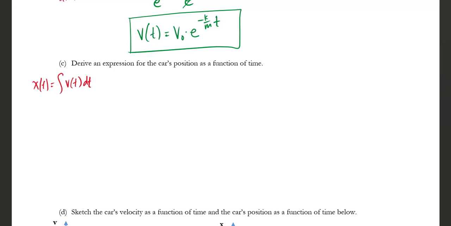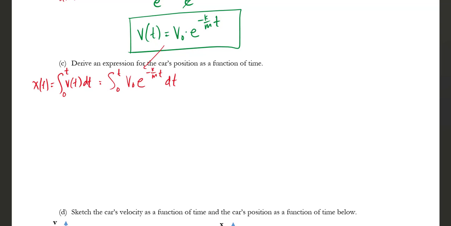Again, I'm going to go from time 0 to time t. So this is an integral from 0 to t, and I'm going to sub in my newly found equation, the initial velocity times e to the negative k over m t dt.